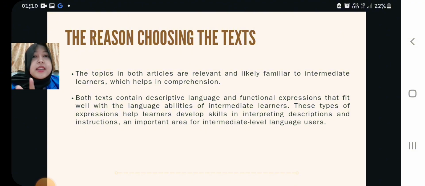And both texts contain descriptive language and functional expressions that fit well with the language abilities of intermediate learners. These types of expressions help learners develop skills in interpreting descriptions and instructions, an important area for intermediate level language users.